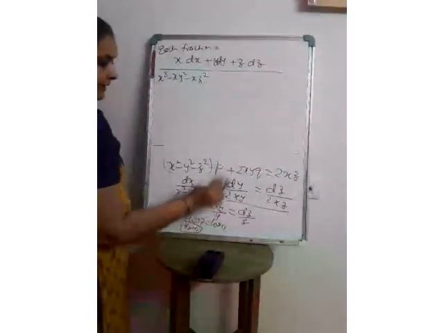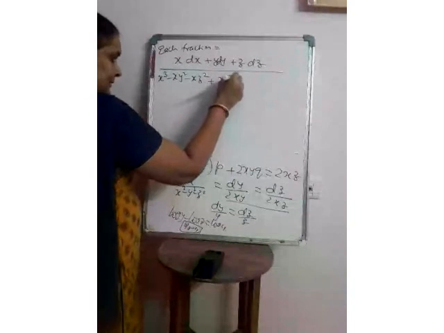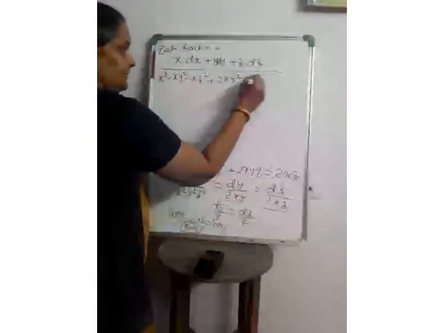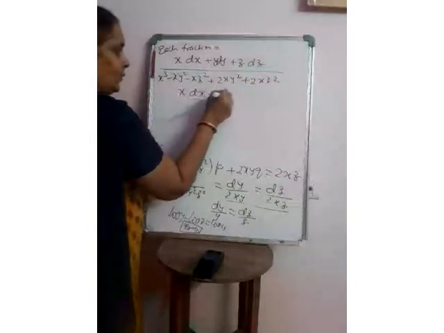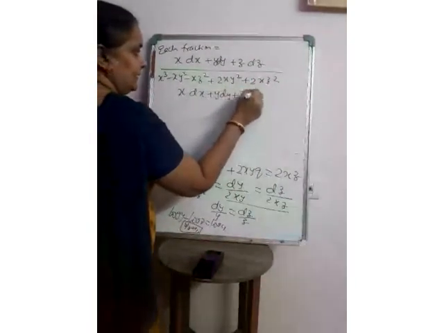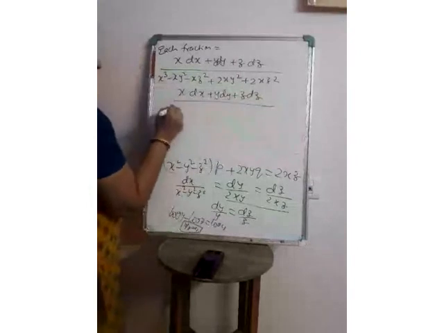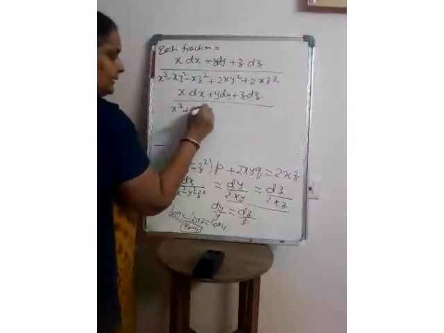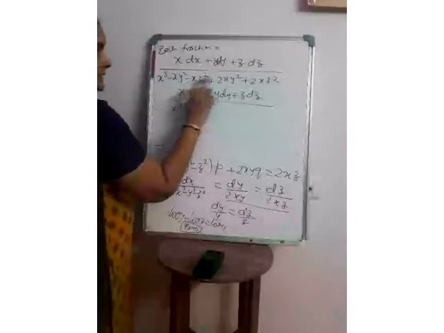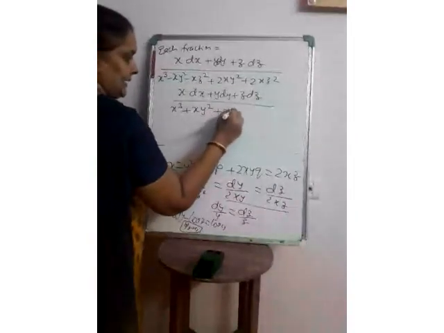This with y, plus 2xy square. This with z, plus 2xz square. So what will be the value? x dx plus y dy plus z dz by x cube minus xy square plus 2xy square becomes plus xy square, minus xz square plus 2xz square becomes plus xz square.